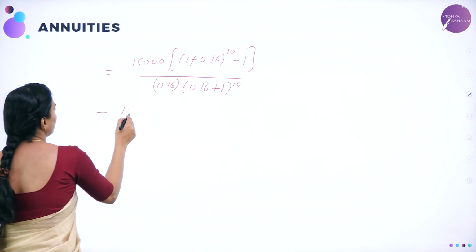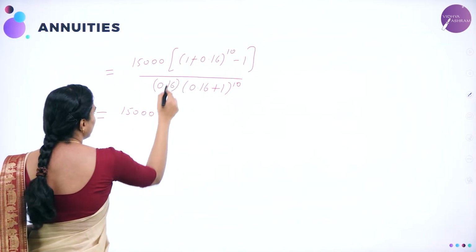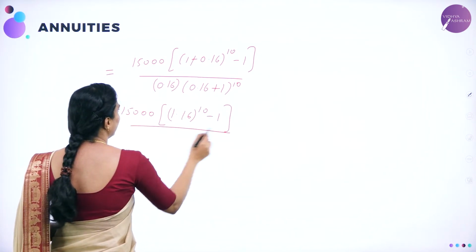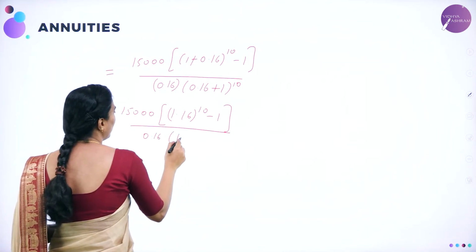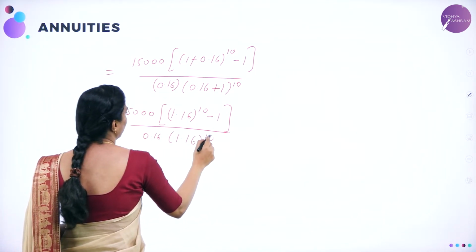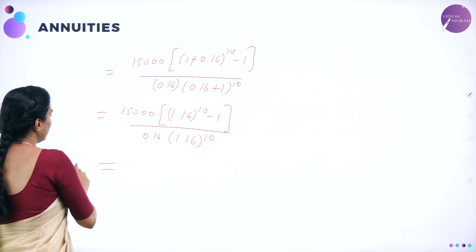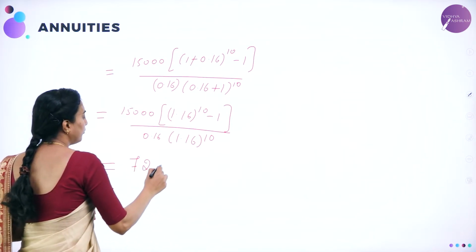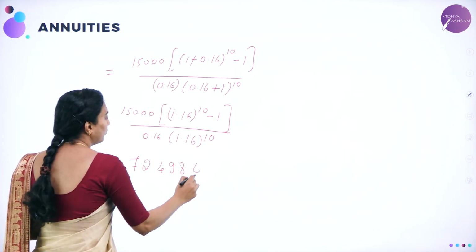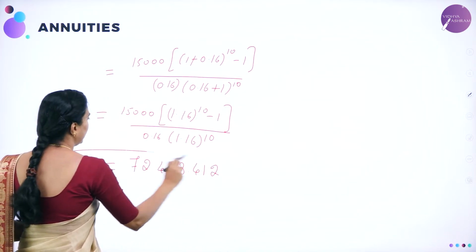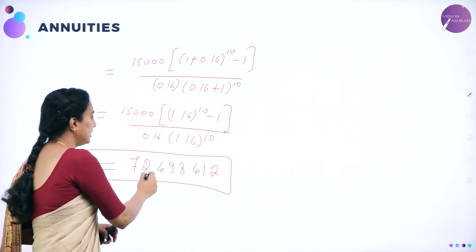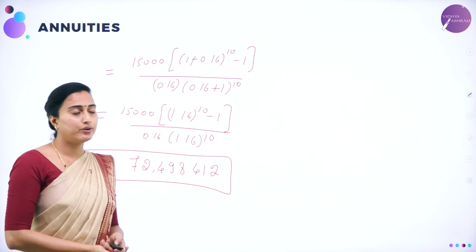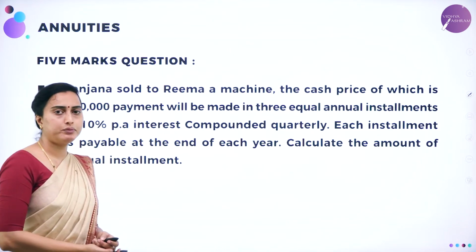Now, which will be equal to 15,000 into 1.16 to the power of 10 minus 1, divided by 0.16 into 1.16 to the power of 10. Now, after doing all this calculation, you are going to get the present value equal to 72,498.412. You can do it in a calculator, dear students. So, this is the present value that Raj wants to have. Understood? I hope you got this one. We'll move on to the next problem, dears.